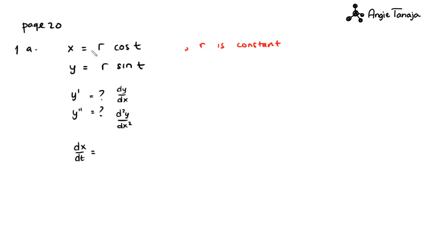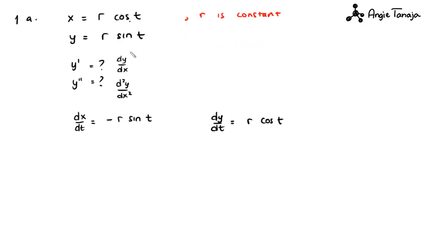Dx over dt is the derivative of x with respect to t, so it just becomes negative r sine t. And then you also have dy over dt, the derivative of y with respect to t, so it becomes r times cos t.